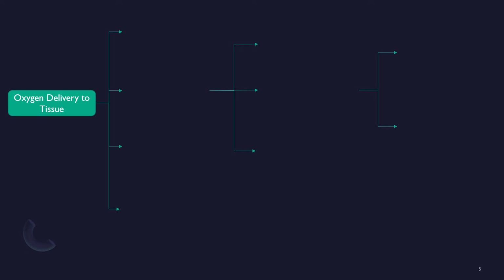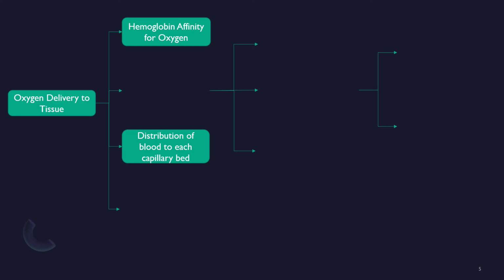Now, the oxygen delivery to the tissue depends not only on the oxygen that we detect in the pulse ox, but the following. First is hemoglobin affinity for oxygen. If a patient has fetal hemoglobin, they release the oxygen faster than adult hemoglobin. Second, distribution of blood to each capillary bed.